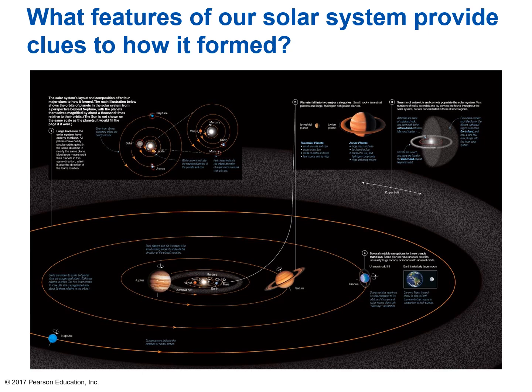Now we'll look at what features of our solar system provide clues to how it formed. So this is going to be our lead-in to chapter 8, which describes the formation of the solar system. This screen shows a picture that is in the textbook. The writing is too small, so on the next few screens, I'm going to zoom in on each of these sections.